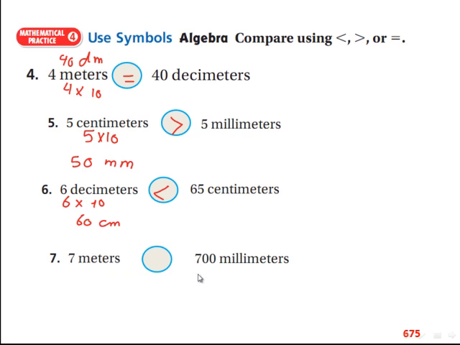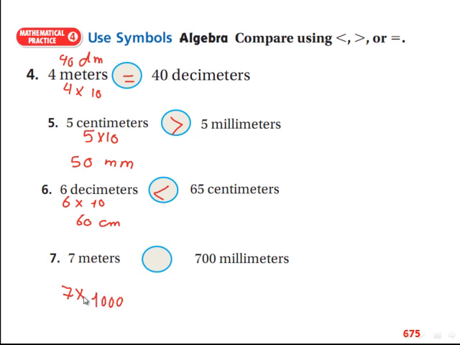Question 7 says 7 meters or 700 millimeters. I want to convert it from meters to millimeters. So ask yourself, how many millimeters in 1 meter? Ask yourself, then multiply. Great! 1000. If you go back to your plane, you will find 3 zeros. You will go through 3 zeros.